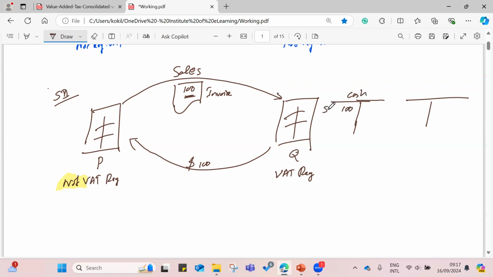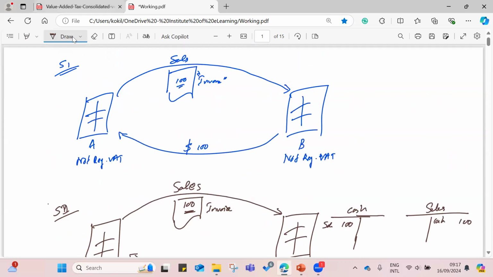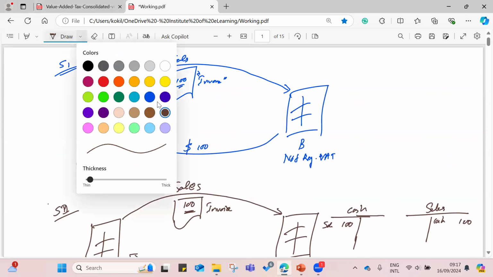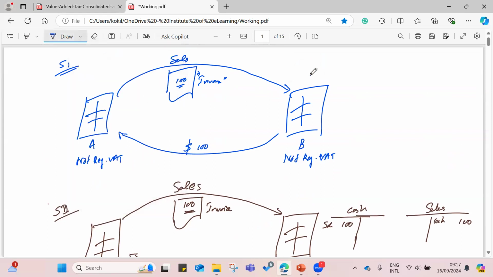The other is the sales account, where you credit 100. This is the double entry for the above as well. It's very simple and straightforward.